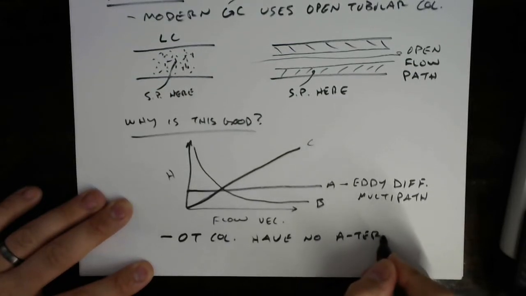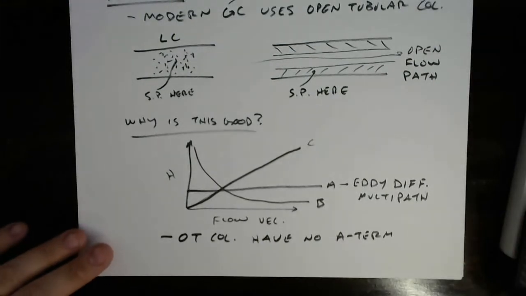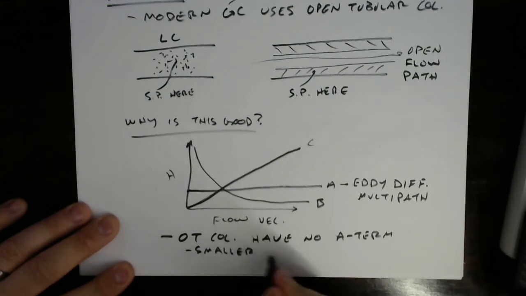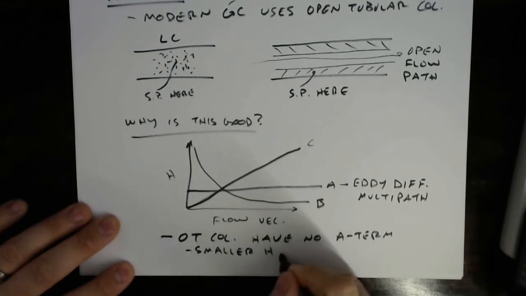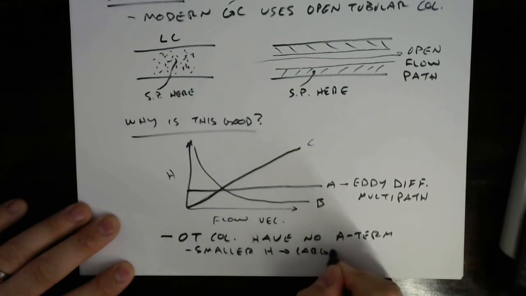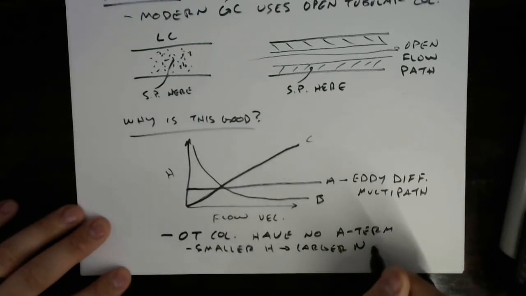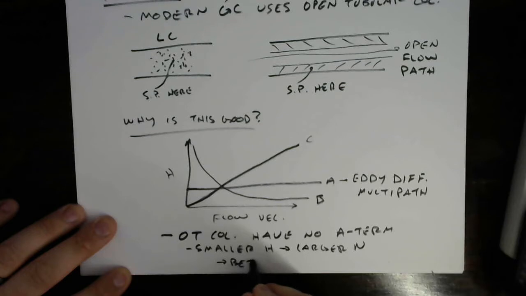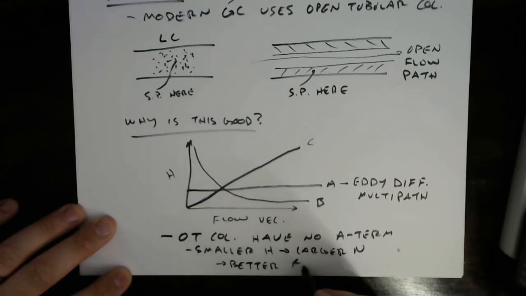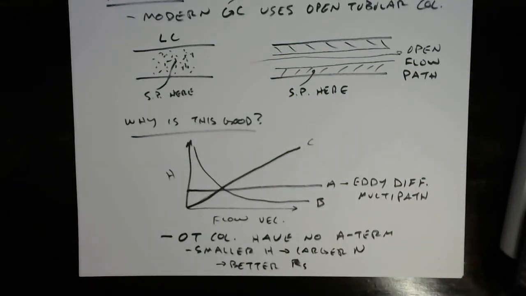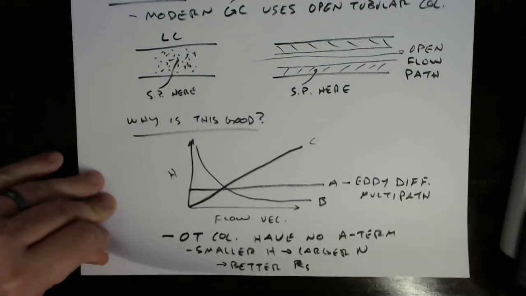There is no multipath that these analytes can follow. They're all following exactly the same path straight down the middle. So that's great. It's going to give smaller heights equivalent to a theoretical plate, which gives larger numbers of theoretical plates, which ultimately leads to better resolution because your peaks are all much narrower. You get two peaks that can be closer together while still maintaining their separation in space. That's why open tubular columns are good, and we use them in GC.